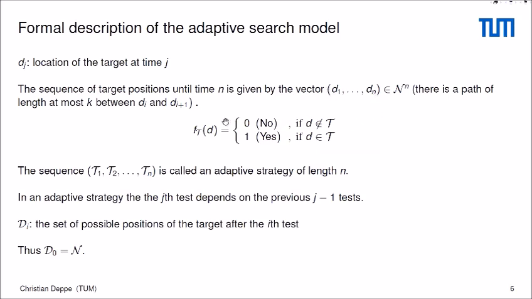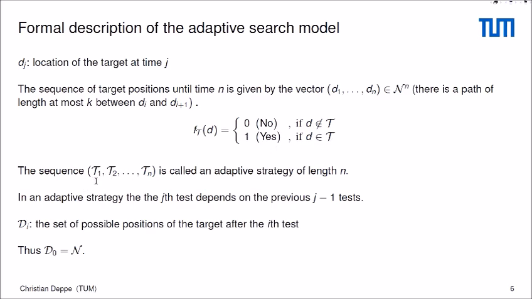And of course, there's a path from d_i to d_{i+1} of length at most k because of the rules. And we have a function f, which gives us the test result of the test T. So it gives us a 0 if the searched object is not in the test, and it gives us a 1 if the searched object is in the test.